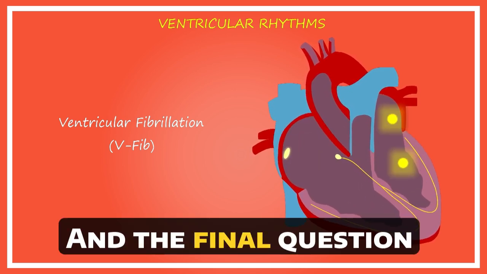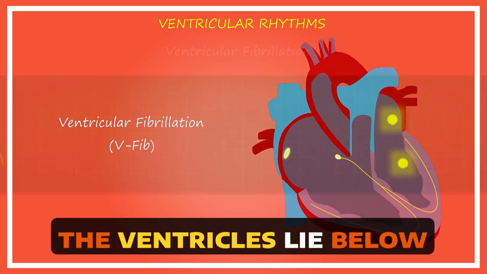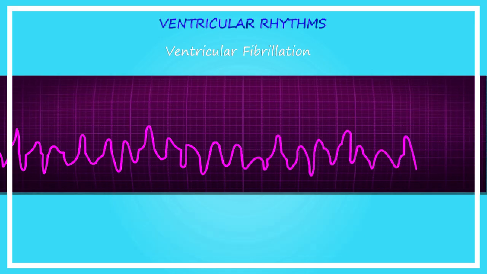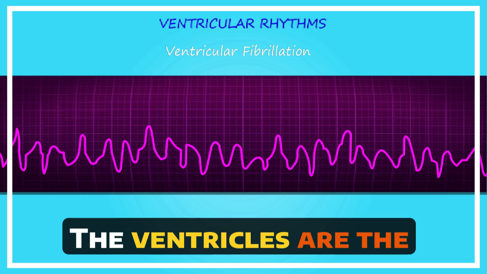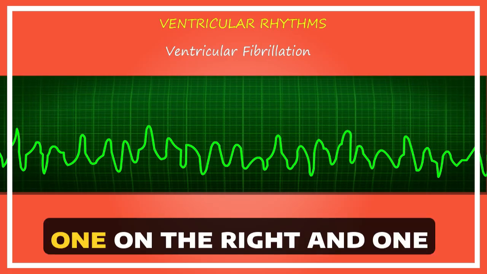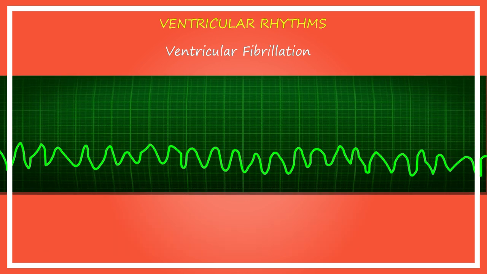And the final question on page 26 is: where do the ventricles lie, below or above the atria? The ventricles are the two lower chambers of the heart, one on the right and one on the left.